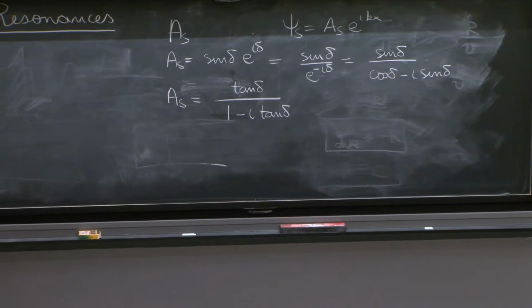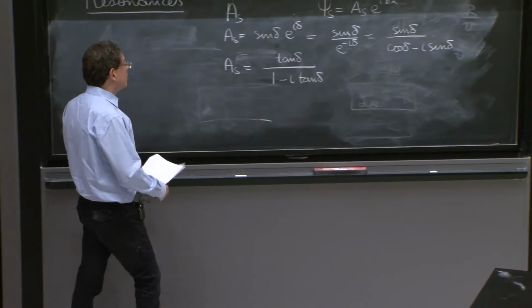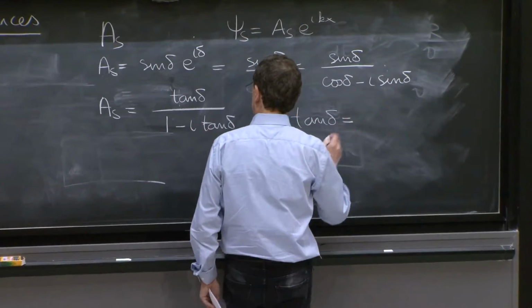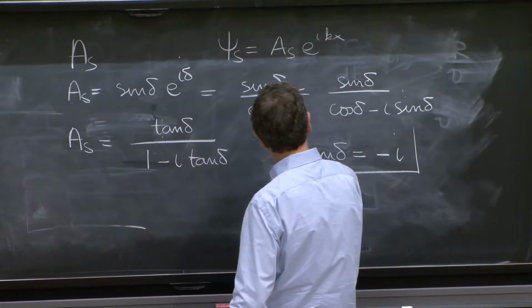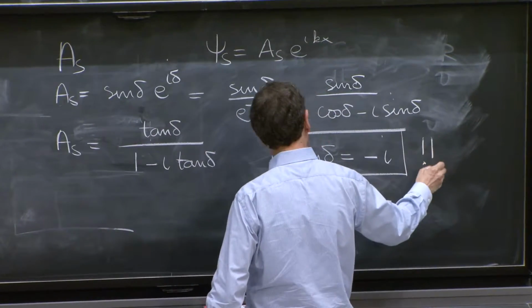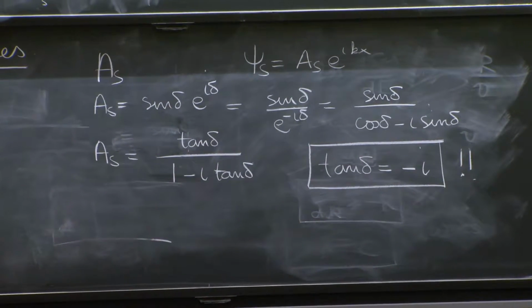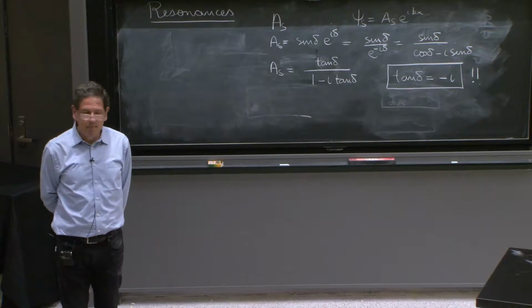You want A_S large? You really want it large? Choose tan delta equal to minus i. Sounds crazy. It's not really crazy.